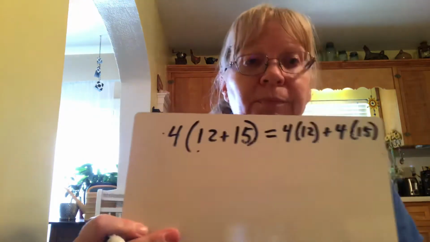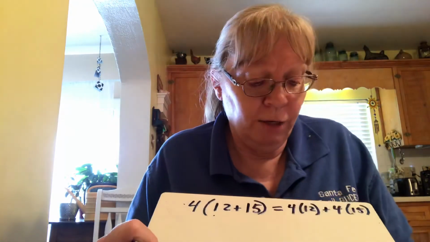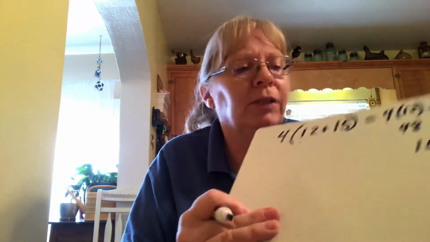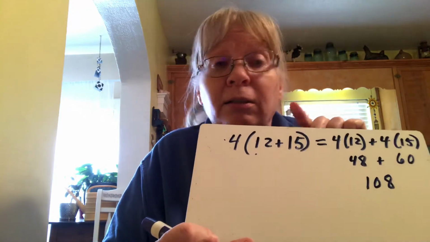Okay? All right, 4 times 12, 48. 4 times 15 is 60. So 48 plus 60 is 108. Now, I could have done 12 plus 15, and that's 27, times 4. Now that, I don't know off the top of my head.